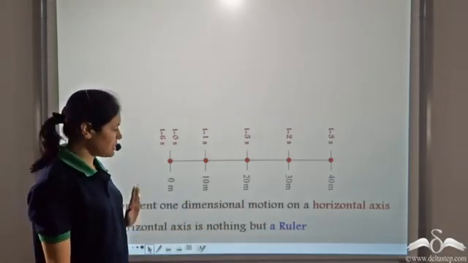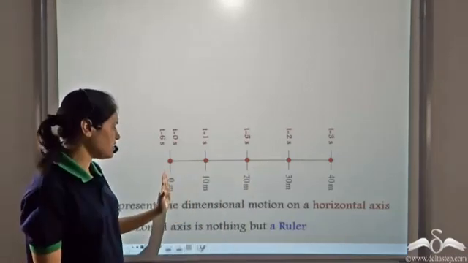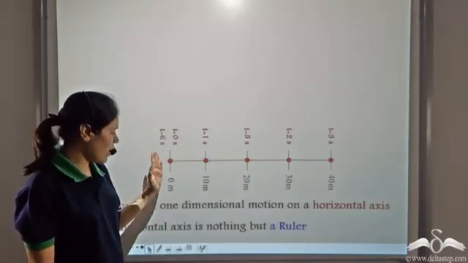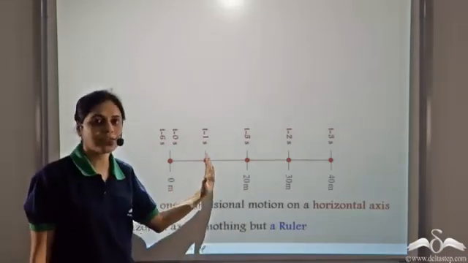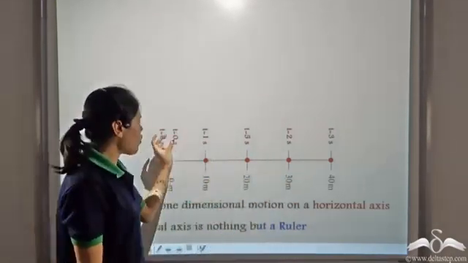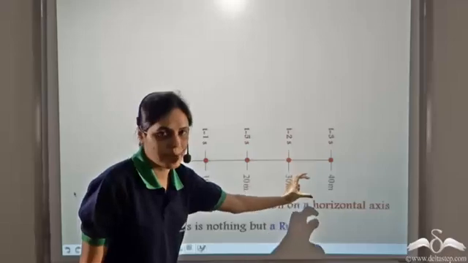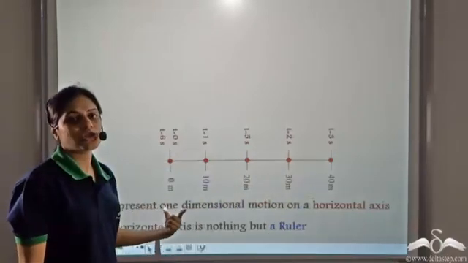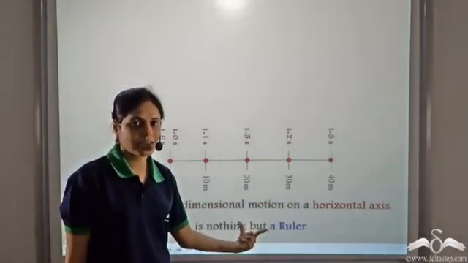This axis is nothing but a ruler, as we can see. So a ruler marking the points 0 meters, 10 meters, 20 meters, 30 meters, and we mark points corresponding to each time.